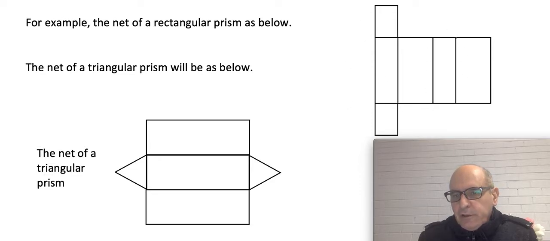If I fold along this at 90 degrees, along this at 90 degrees, and along this at 90 degrees, this edge will come to this edge, and that will form a rectangular prism, and these two will be the two ends after I bend them by 90 degrees, and that will be like a full box.